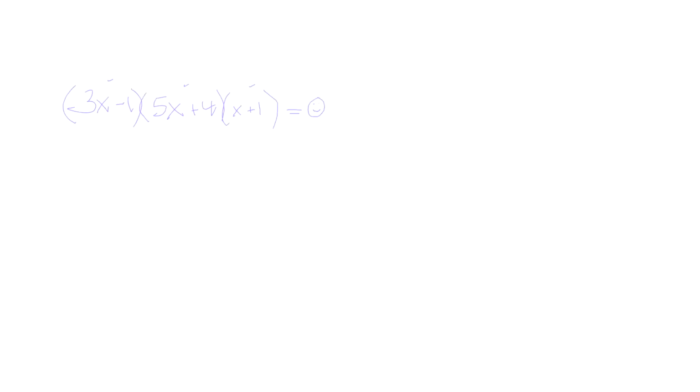So I'll start with the first one, 3x minus 1. I'll set it equal to 0 and solve for that. 1 to the other side. 3x equals 1. Divide both sides by 3. x equals 1/3.